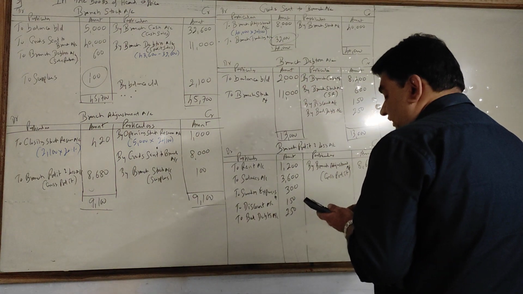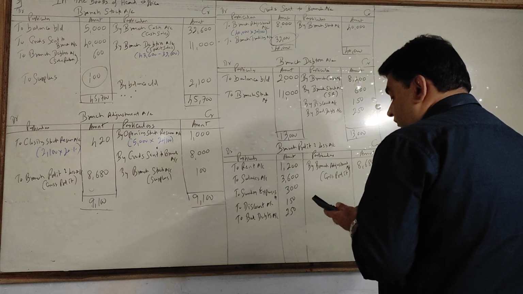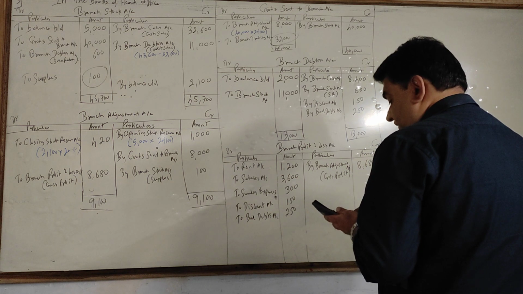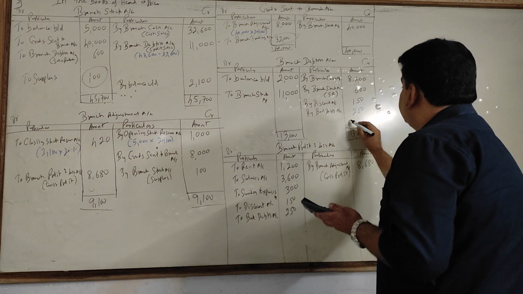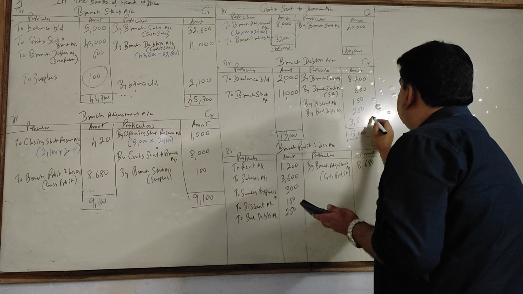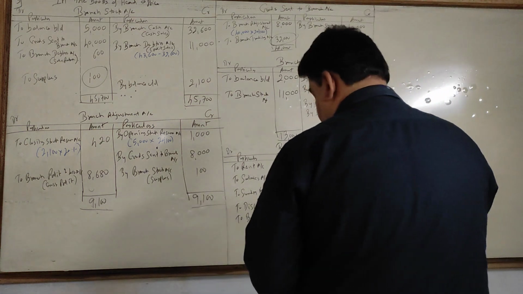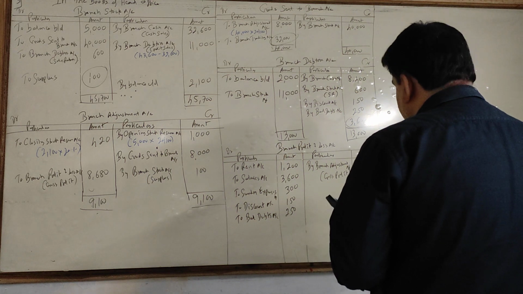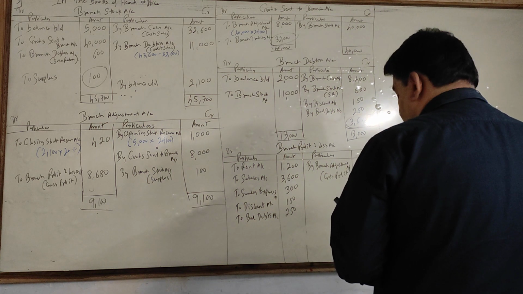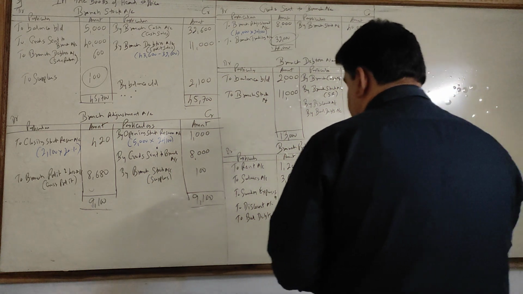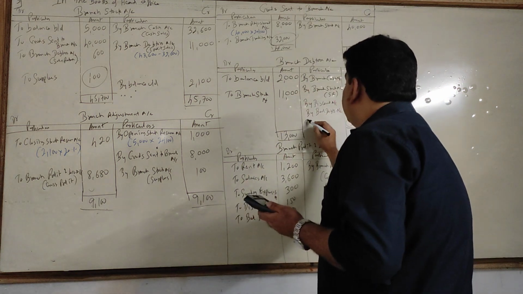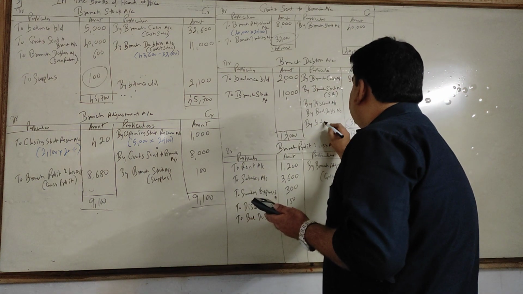So 13 minus 8.4 minus 600 gives you 3,600. This is nothing but my closing balance.